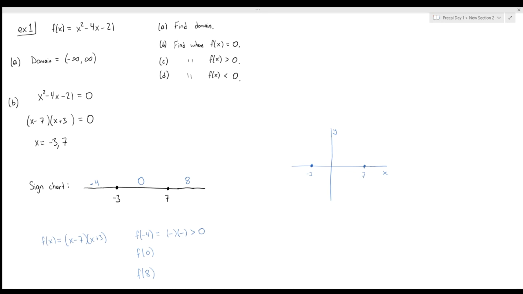Is it positive or negative? So at negative 4, our function was positive. So we can conclude that the function is going to be positive in this interval to the left of negative 3. Okay, so I'll put a plus sign up here just to keep track of that. We plug in 0 for x. You're going to get a negative number times a positive number.